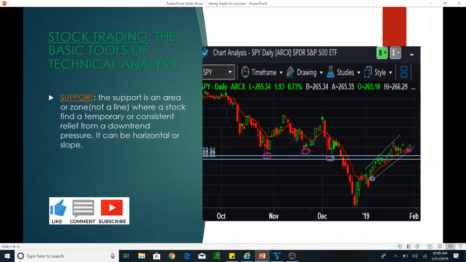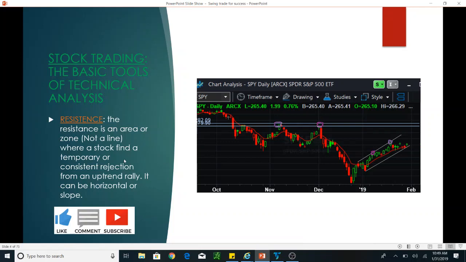Let's go to the next slide. Now this is the resistance. What's the resistance? The resistance is an area or a zone, not a line again, where a stock finds a temporary or consistent rejection from an uptrend rally.